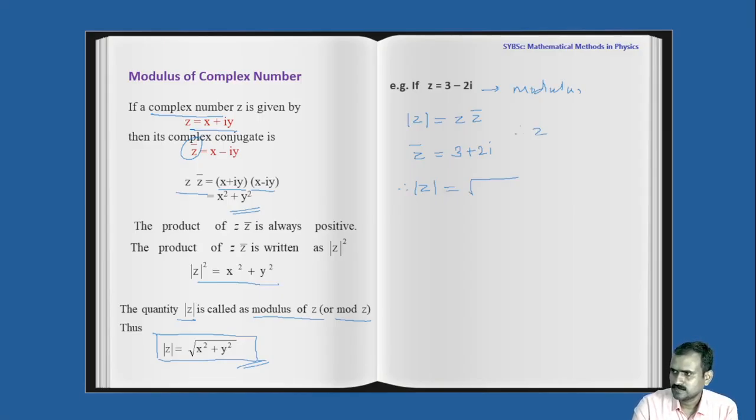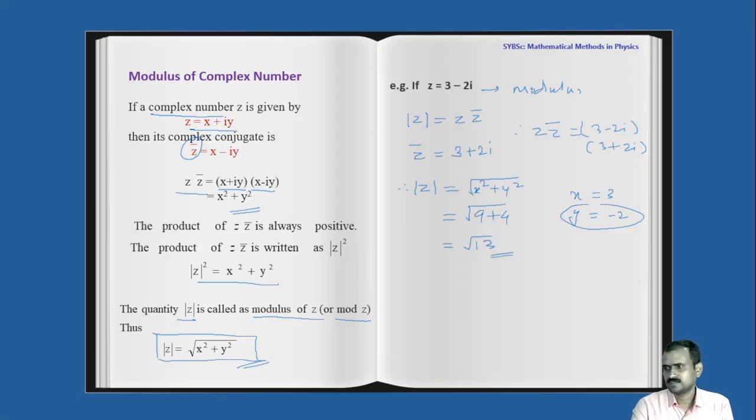We can take z into z bar, 3 minus 2i into 3 plus 2i. Otherwise, by using the formula x square plus y square, where x, the real part of this complex number, is 3 and the imaginary part is -2, we take the square root of 9 plus 4. So this is the square root of 13. This is the mod of z, the modulus of the complex number.